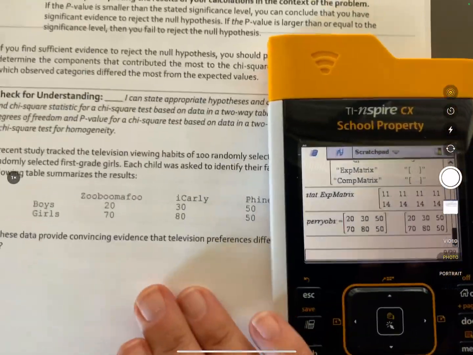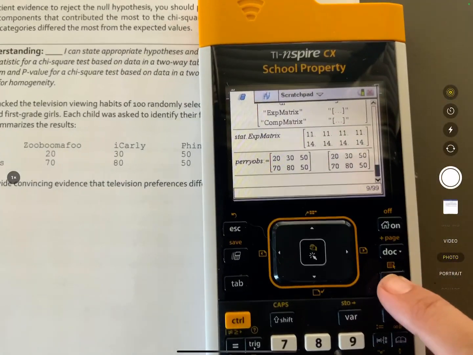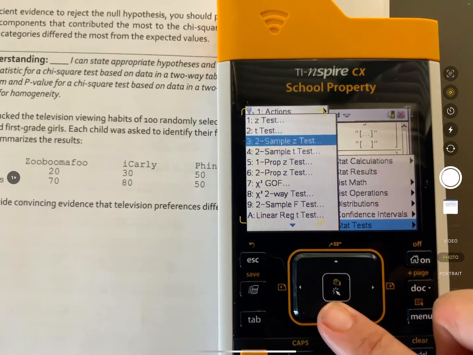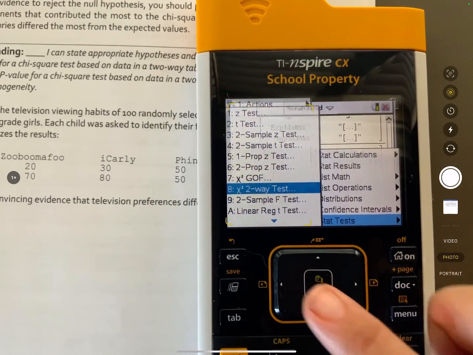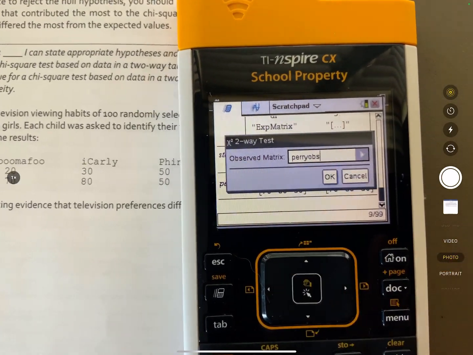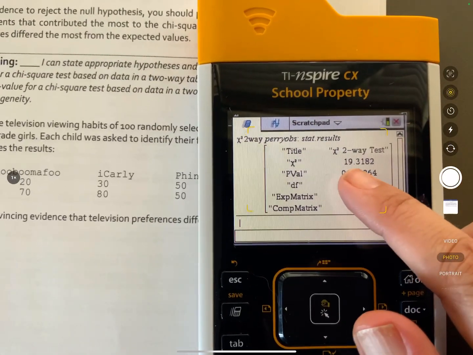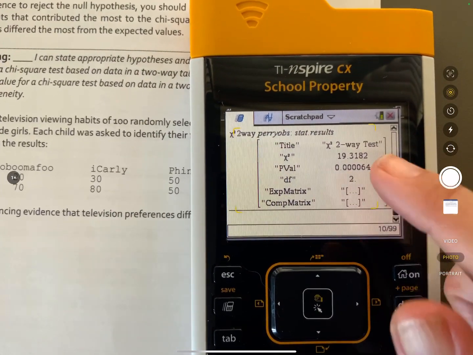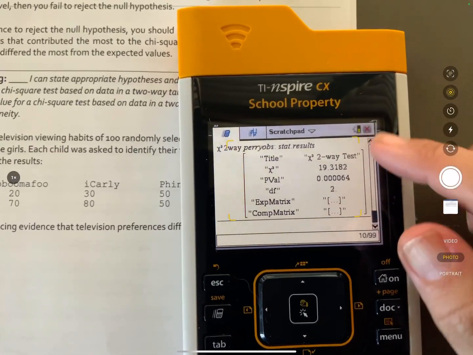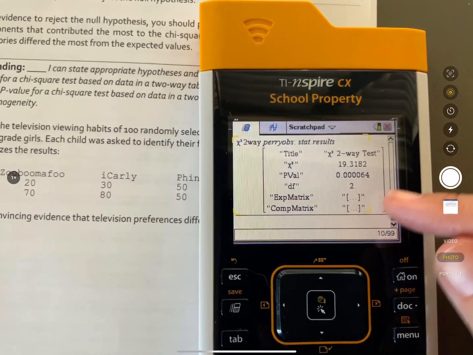Those were the observations of the cartoon watchers, right? Now for the dirty work. The calculator will do all of it for us, and we're going to go down to chi-squared two-way test. All right, our observed matrix is Perry observations, and we hit OK. And this is the information we need. Ooh, wow. So we do know that there is a preferential difference between girls and boys, and we kind of saw that in our side-by-side box.